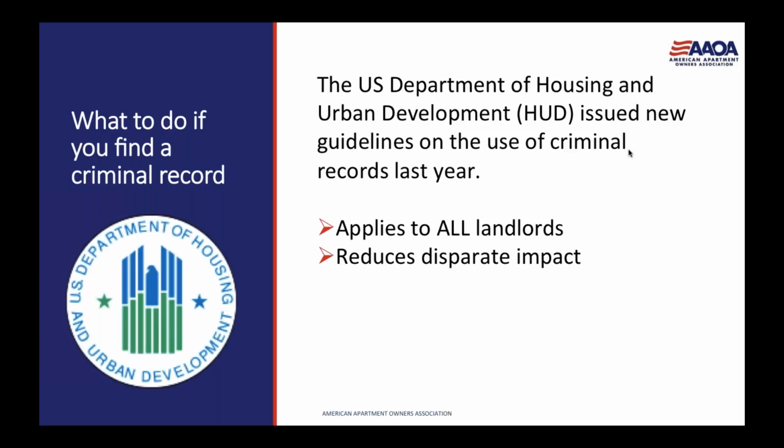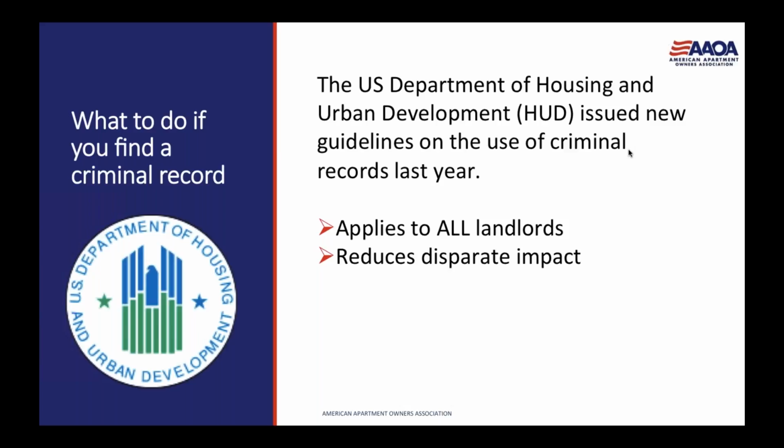In the U.S., African Americans and Hispanic individuals are arrested and convicted at a higher rate than their share of the general population, so your policy could affect these protected classes more than other people. So having a complete blanket policy that says no criminal records, period, is in a way having a disparate impact on African Americans and Hispanic individuals.